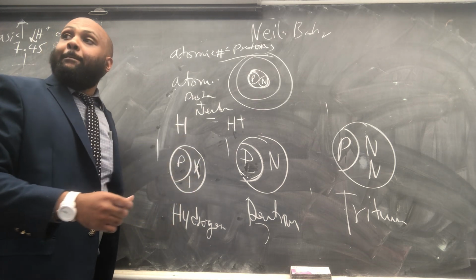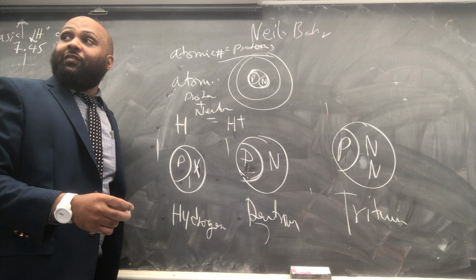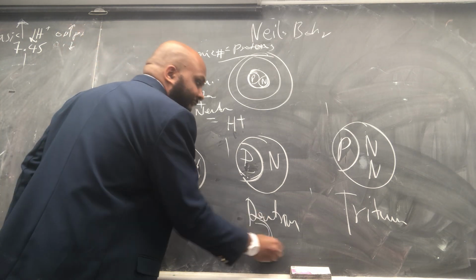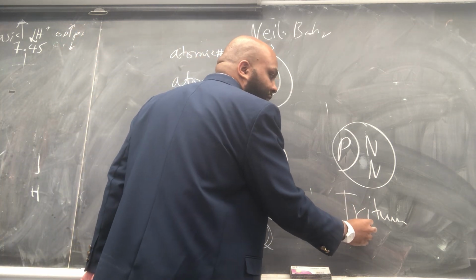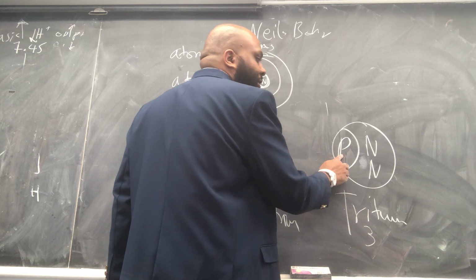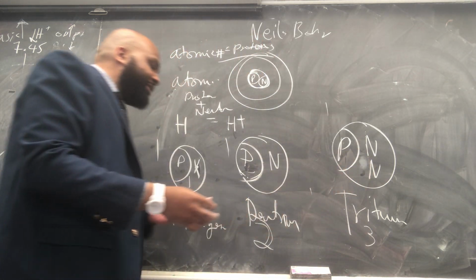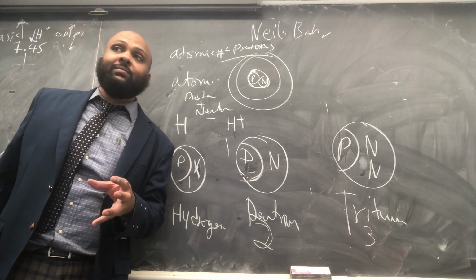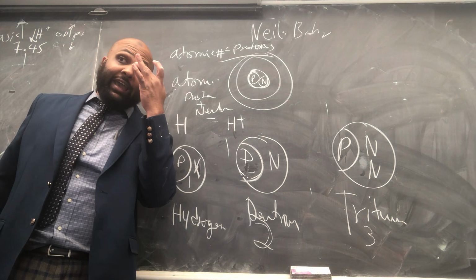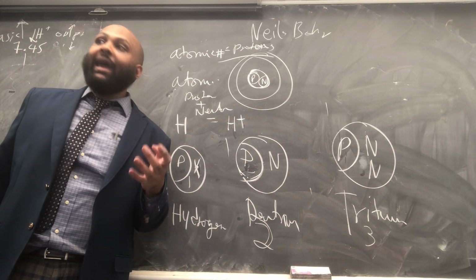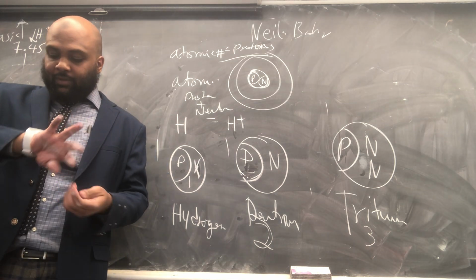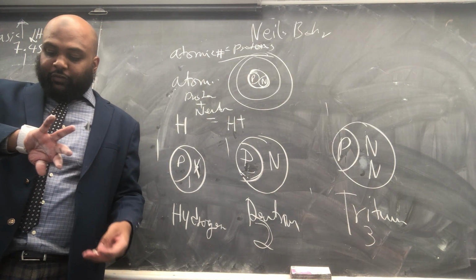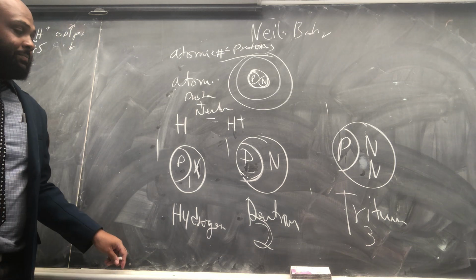It has an atomic mass of 2, and tritium has an atomic mass of 3, because 1 proton plus 2 neutrons. So an isotope is different variations of the same atom.